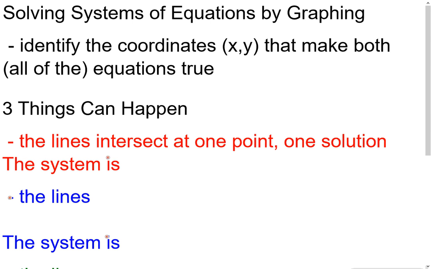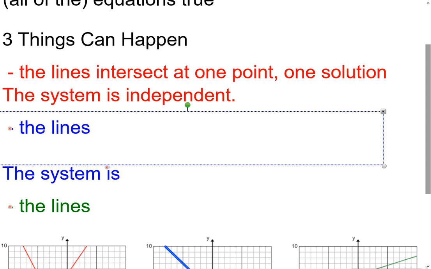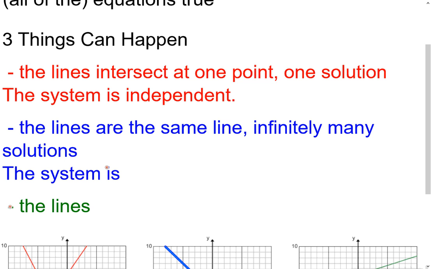One, the lines intersected at one point, meaning there was one solution. Now, little vocab on that, the system is independent if that's the scenario. If they intersect at one point, we get one solution and we say that our system is independent. Now, the second scenario could be that our lines are the same line.